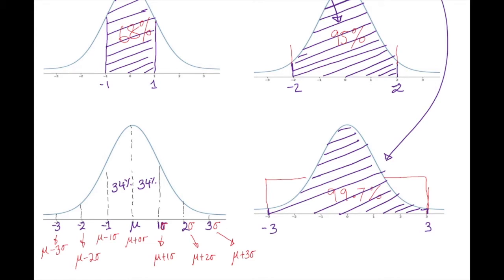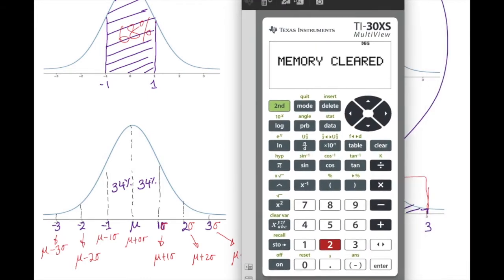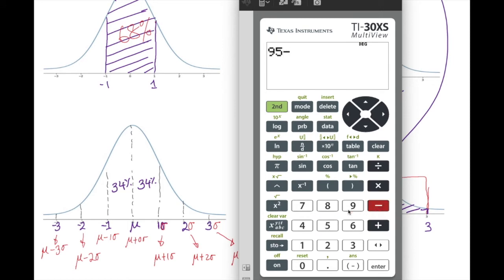Next, I want to know the percentage in the next piece here. We know negative 2 standard deviations to positive 2 standard deviations is 95% of data. So if I subtract the 68% we already know, 95 minus 68 gives 27.